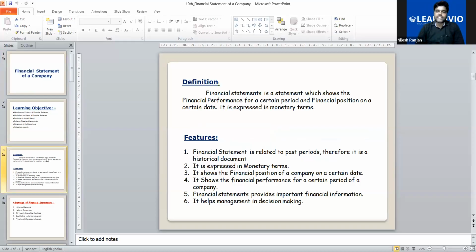So please write this definition. After that, we'll discuss the features of the financial statement. Please write the definition first. Tell me when you have completed.